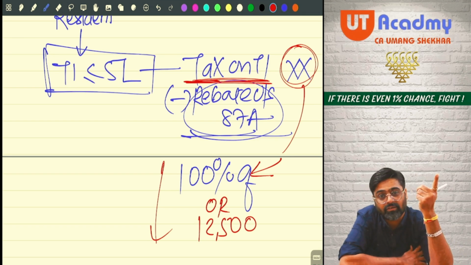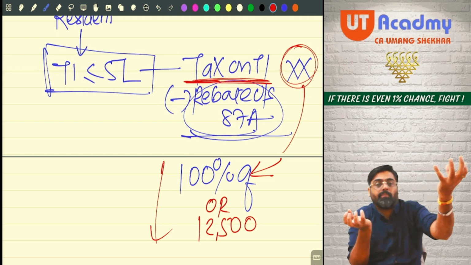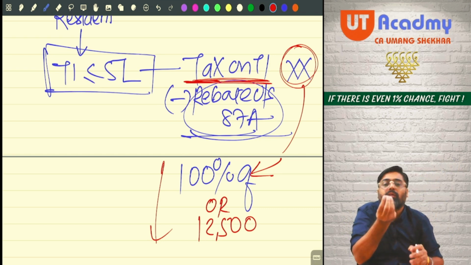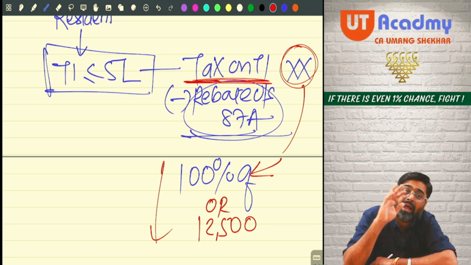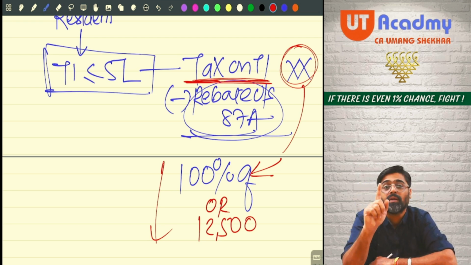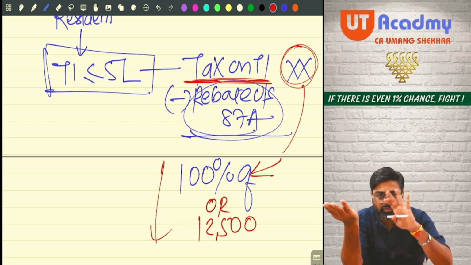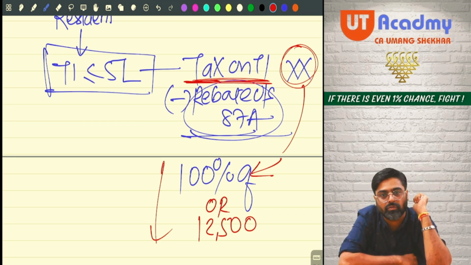But what if your tax calculated, special incomes tax plus normal incomes tax, both the taxes taken together, if the total tax amounts to 15,000. How much? 15,000. So will you get 15,000 rebate? Maximum rebate which you can claim cannot be more than 12,500.